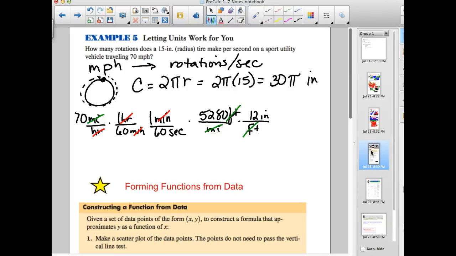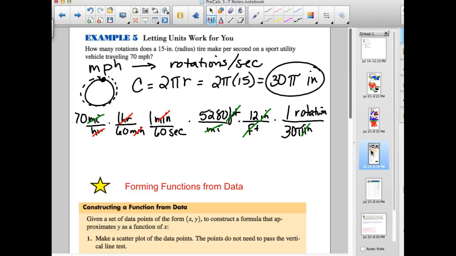And then how do we convert inches into rotations? One rotation is equivalent to, careful, 30 pi inches. Whoops. All right, so we can cancel inches, and now we have it in rotations per second.